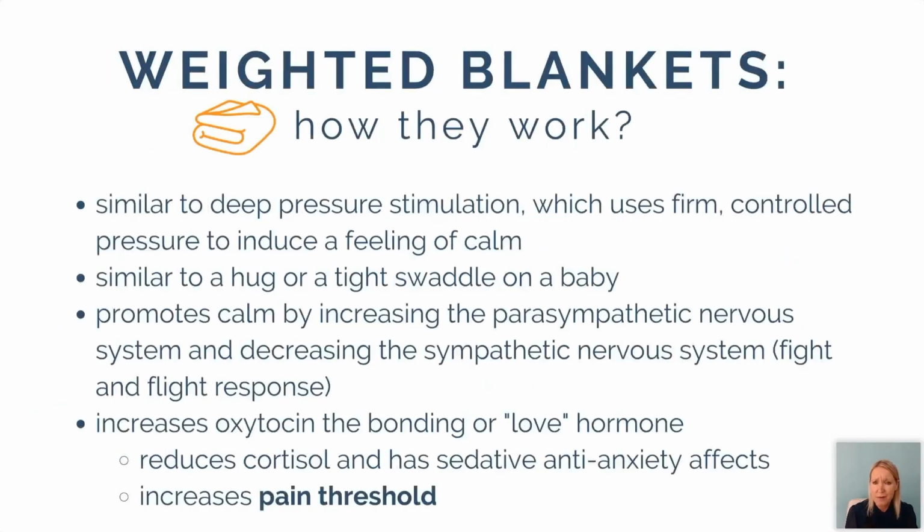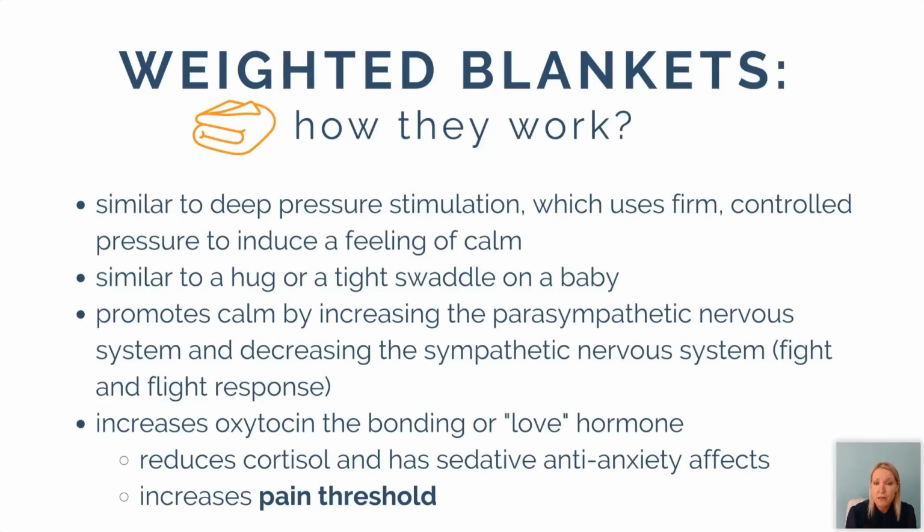So how do these weighted blankets work? They're very heavy. They're really similar to deep pressure stimulation, which uses firm controlled pressure to induce a feeling of calm. You can think about it as similar to a hug. You know how you swaddle a baby in blankets when they are young, and it gives them the feeling of calm and safety? That's kind of what a weighted blanket will do for you.